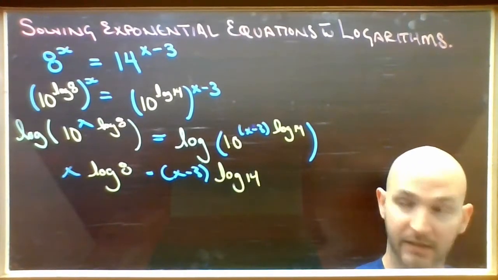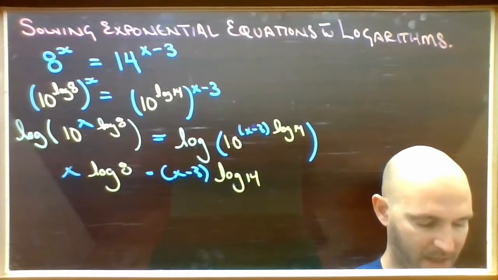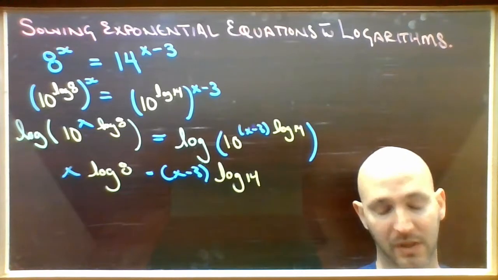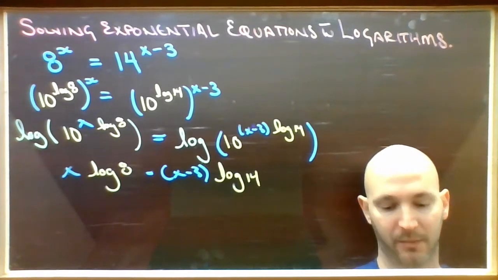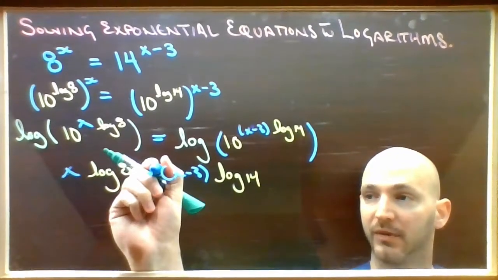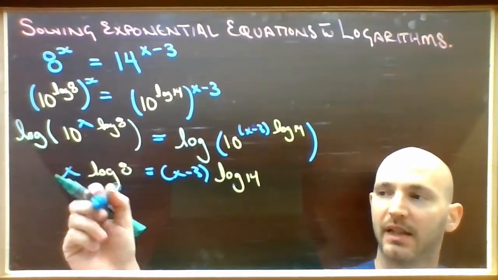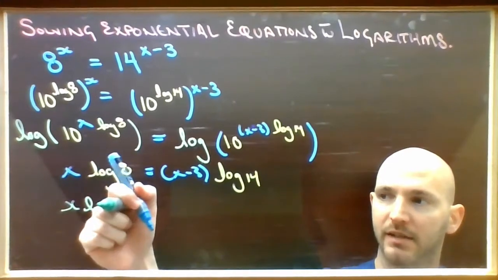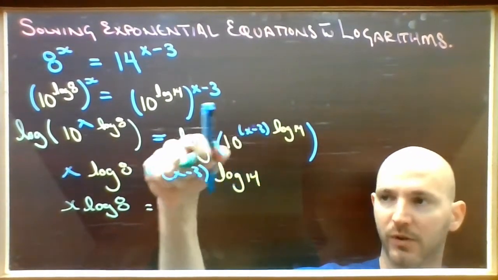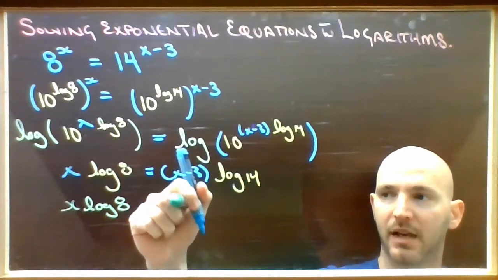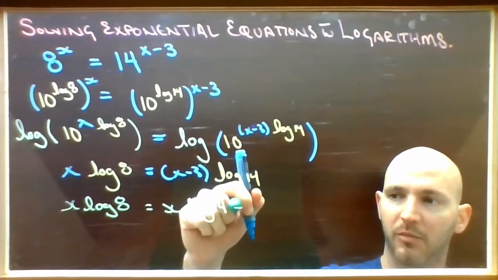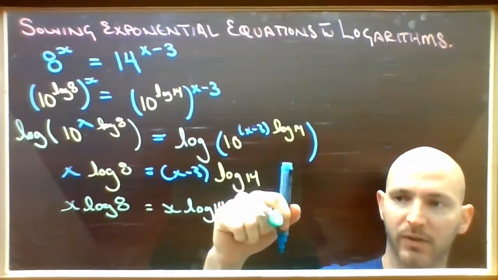So those things are just numbers, and I'm down to a little bit of algebra here, so I'm going to have to do some distribution. I'm going to have to do some gathering like terms. So the first one I'm going to do, I'm going to make this say equals again. So I'm going to leave that alone, x log 8. If I distribute this log 14 into this bracket, I end up with x log 14 minus 3 log 14.